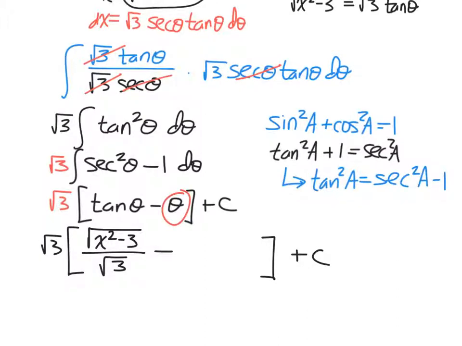That's the elephant in the room right there, the theta. And I'll get rid of that because I can't leave it in terms of theta. The answer's got to be in terms of x.